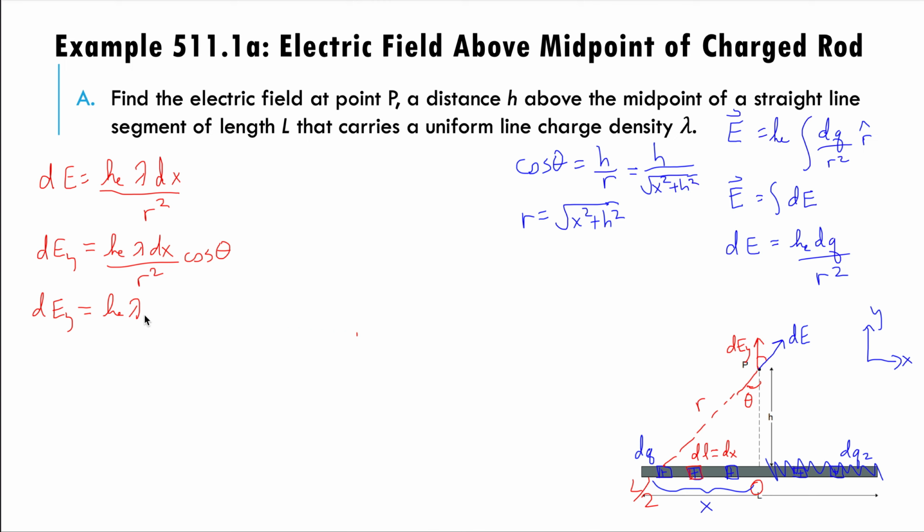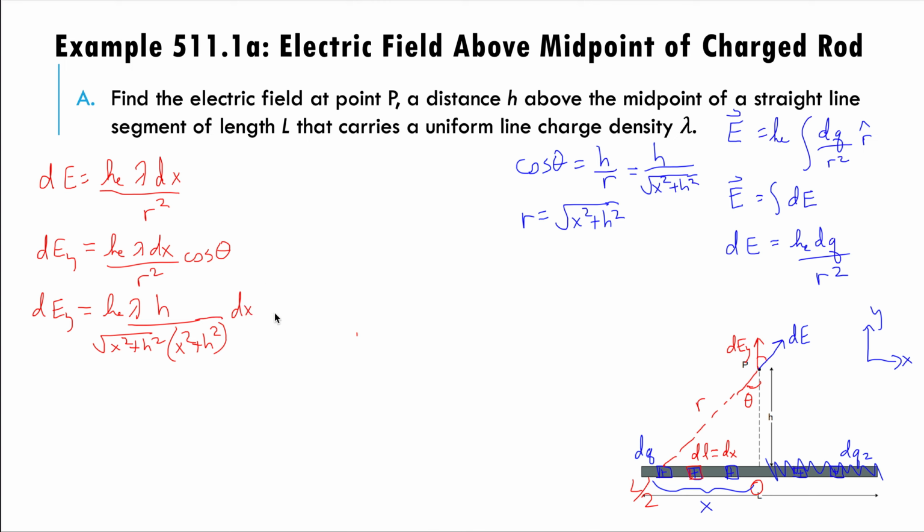Now we can go ahead and rewrite our expression here. We're going to put cosine of theta as h over the square root of x squared plus h squared. And then our r squared is going to be this squared. That's going to get rid of the square root, so it's going to be x squared plus h squared. And then we have our dx.